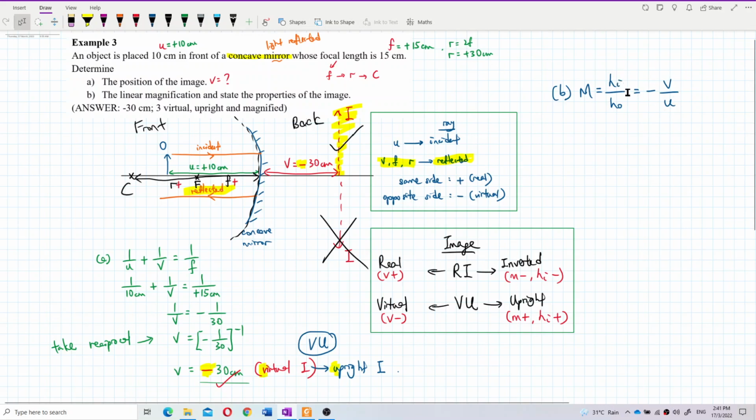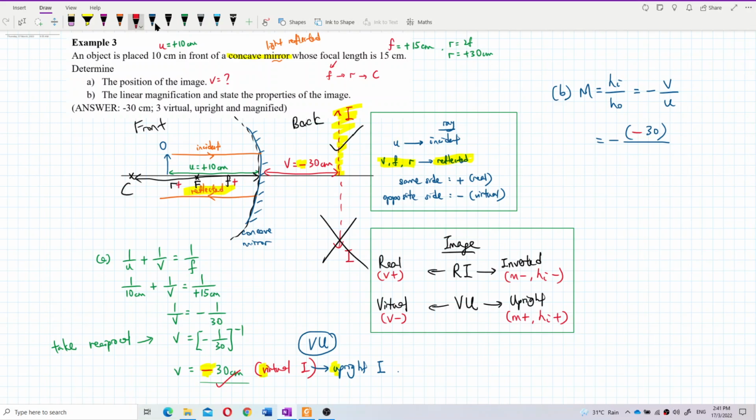Remember, for the heights, HI and HO, no negative, but V over U got negative. Okay, the formula. So here, this negative is from the formula. The V itself got its own negative. That one you need to put another negative, because the image is a virtual image. So it's different.